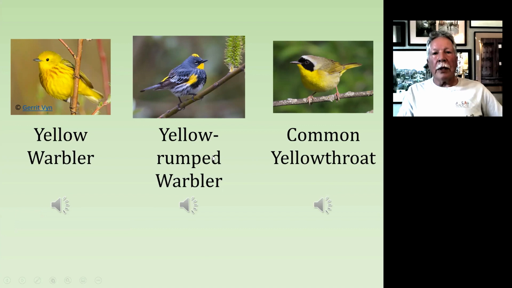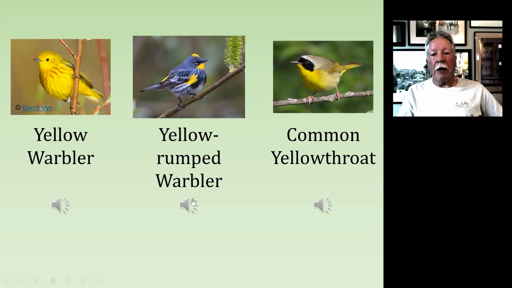The yellow-rumped warbler is very common in the higher elevation forests, and it has a real classic two-part warbler song. A lot of warblers have kind of a weak little series of notes, and then a second series that's usually a little bit lower. It might be higher, but there's usually two series. I'll play that again.